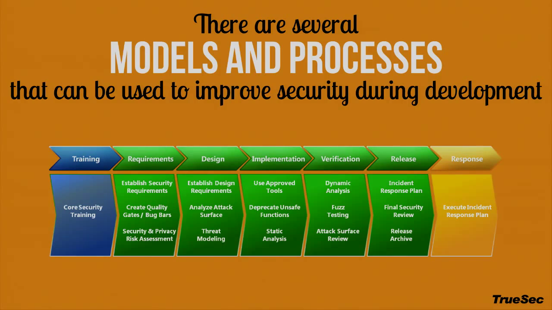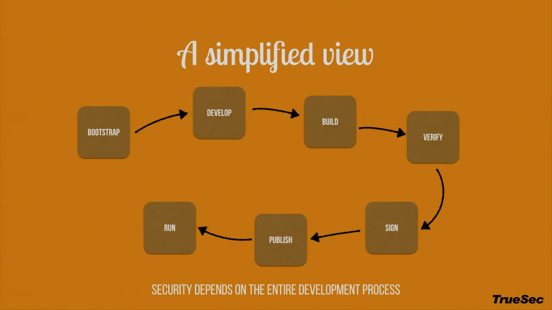There are several models and processes you can use to improve security in your development process. We have, for example, the Microsoft Security Development Lifecycle, and there are many others just like this. What we're going to do here today is similar to this. I'm going to make my own simplified view of this.